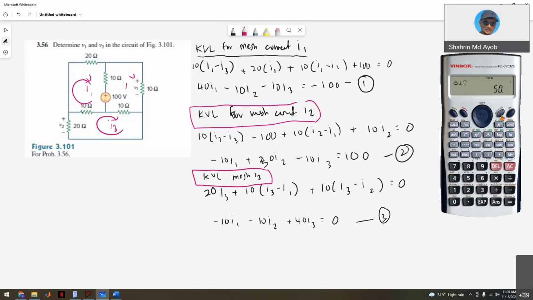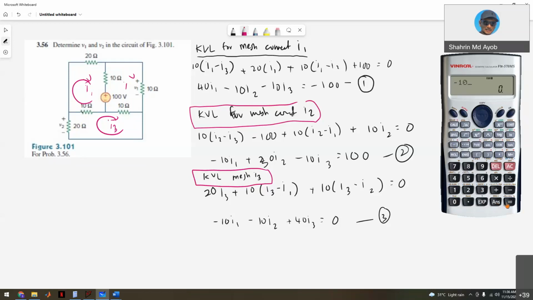So we have 3 variables. The first one we just enter the values. Okay, I1, the first, this one negative 10. This one is 30.